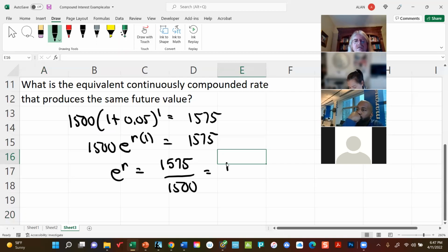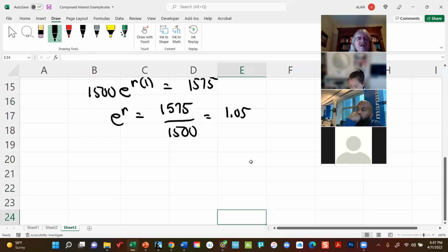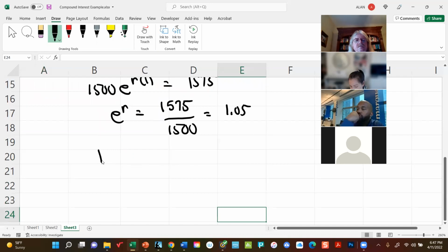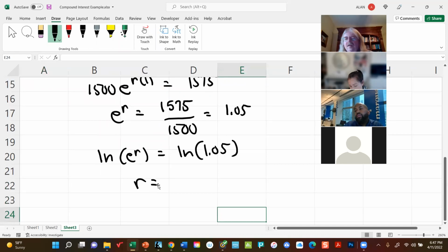Now what you're going to do is take the natural log of both sides. And that works out to be 0.04879.